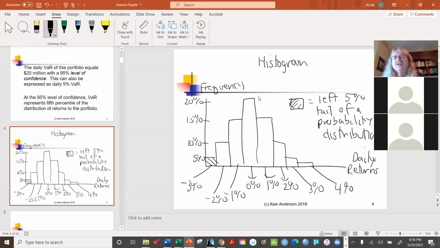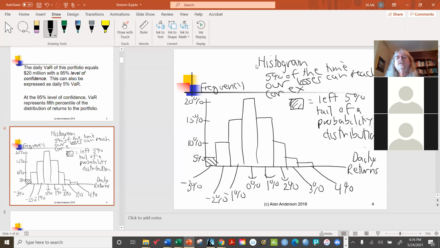So what that actually means is that with 95% confidence, or we can alternatively say that 5% of the time, our losses can reach or exceed 3%.